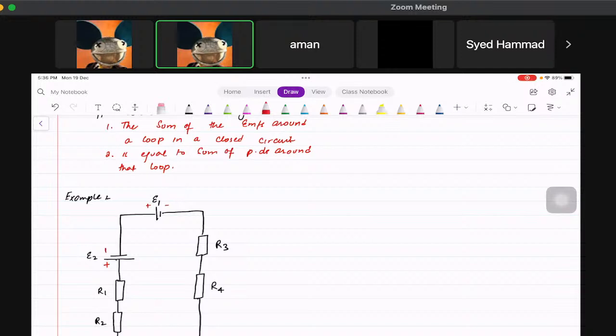And suppose they've shown the current is going here, or you could assume it yourself. So we know the current is going to go in this loop like this. So this is a closed loop. All right, we're following right now.